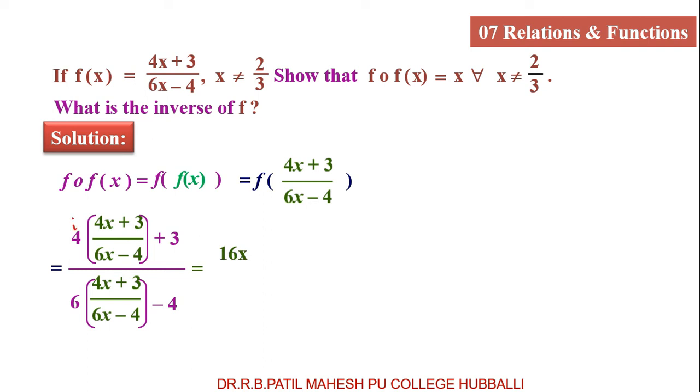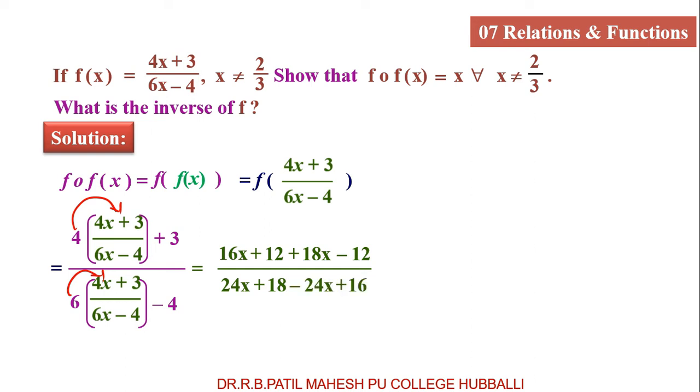So 4 into 4, 16x plus 12, divided by (6x minus 4), plus 3, that I simplify, 3 into 6, that is 18x minus 12. The denominator 6x minus 4 will remain as it is. Divided by, 6 I will multiply to the numerator. So 24x plus 18 minus 24x plus 16.